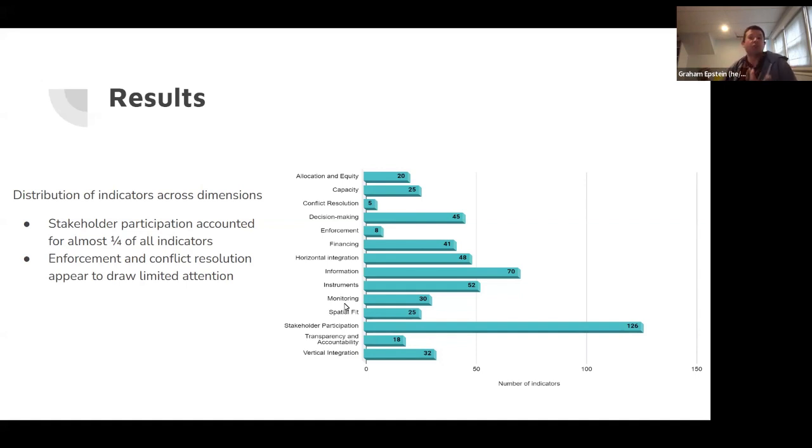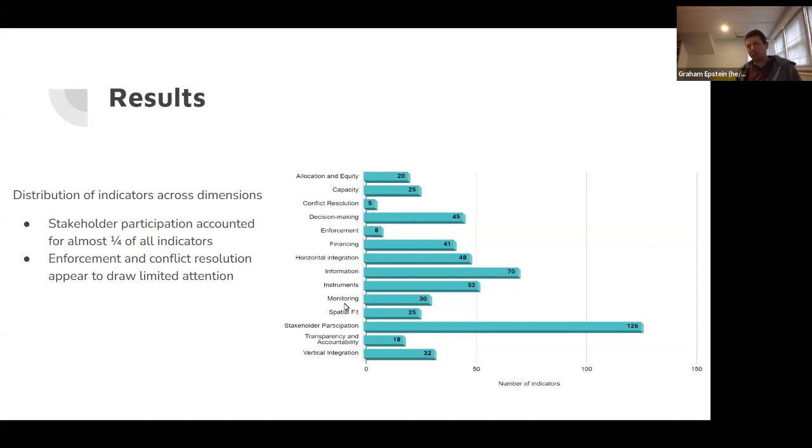And so a small number of papers can have a bigger influence on the results. So we had one paper that had a bunch of indicators on stakeholder participation, but nonetheless, stakeholder participation was particularly common across the cases as a key feature that people are emphasizing as a feature of good water governance.